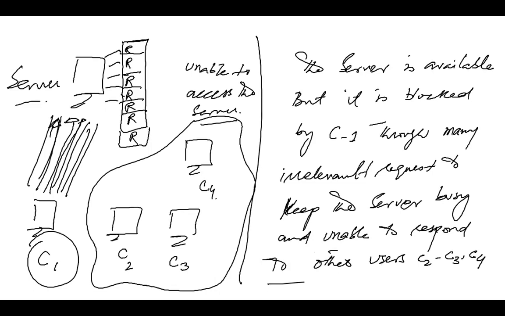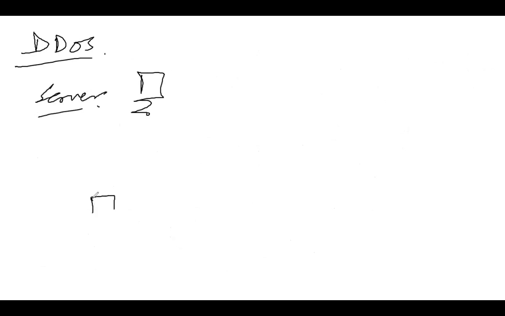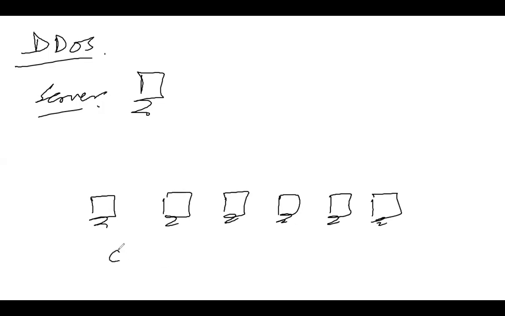And the next one is the DDoS attack, distributed denial of service attack. In this is the server, and you have these clients. This is C1, C2, C3, C4, C5, and C6. And there is another one that is C7.